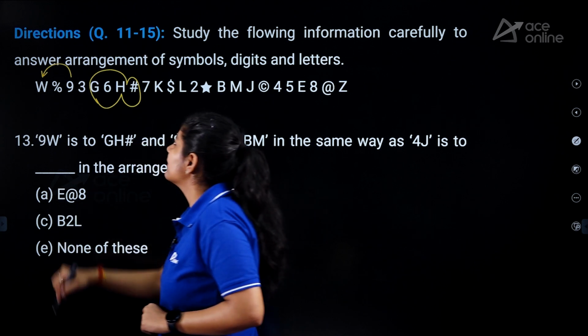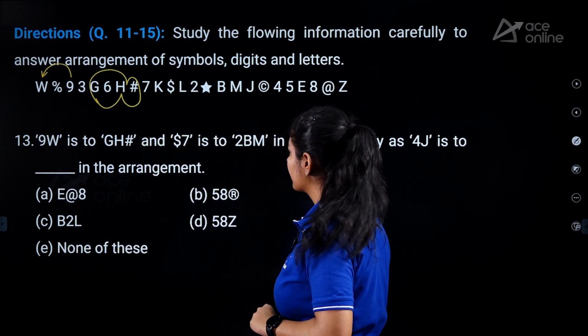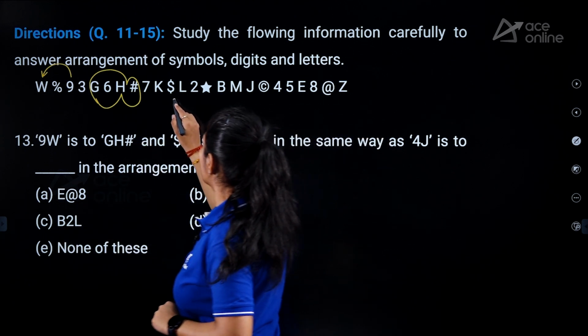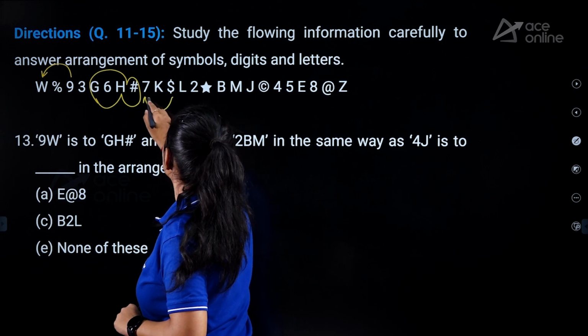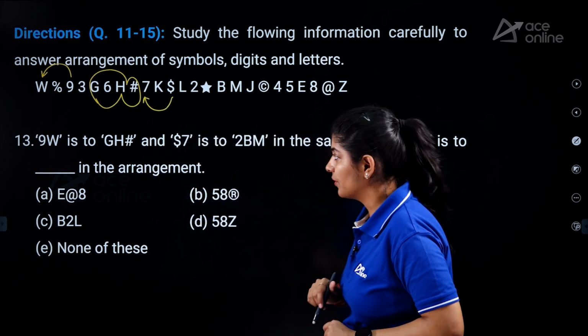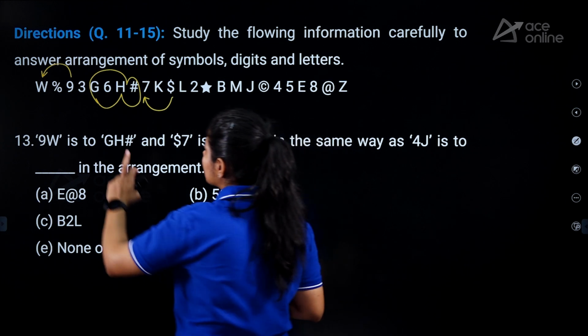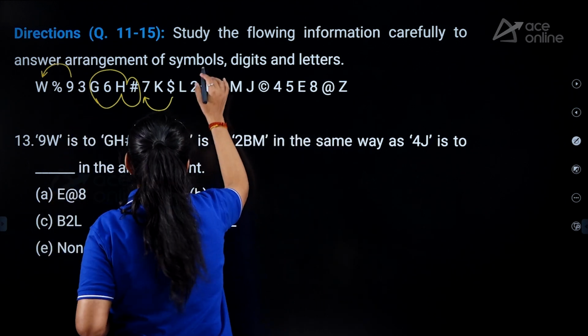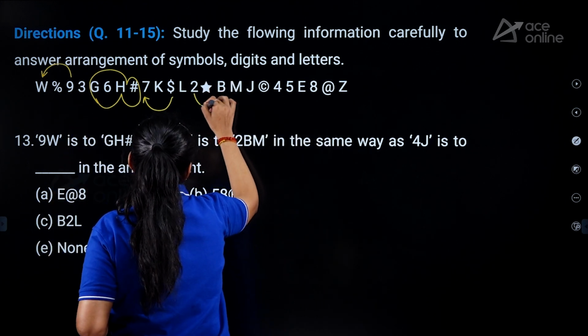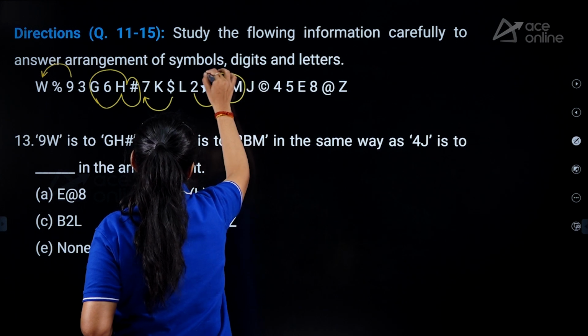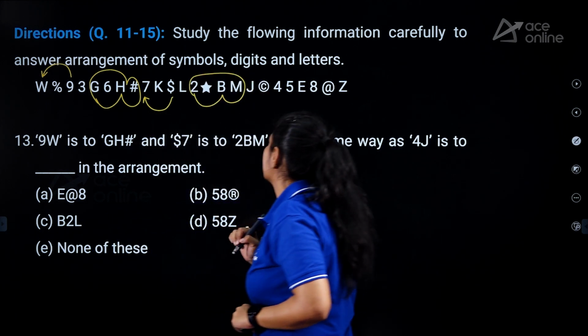Now the next one is dollar and we are going towards the left direction. So we have to skip one character and start with the next one in the alternate manner, and the immediate right one.